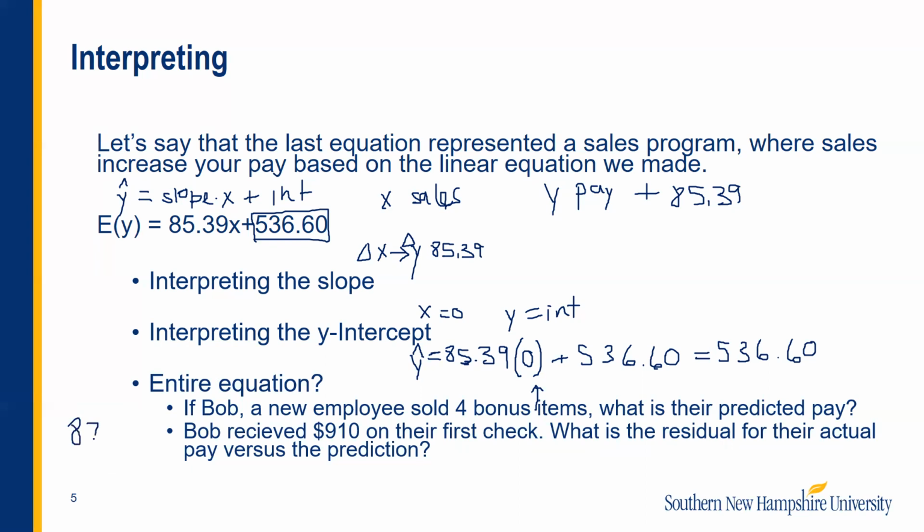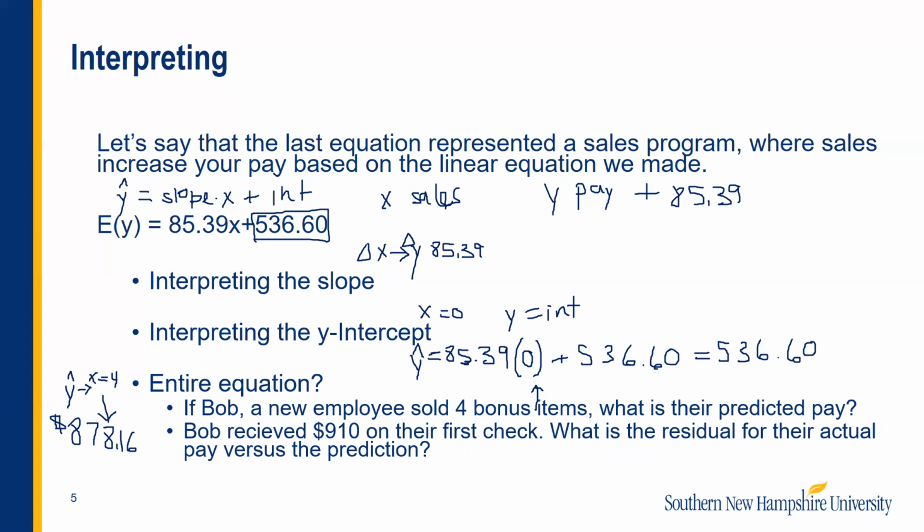So 878.16 was the prediction. That's what we think the average pay is for someone who does 4. The average for someone when x equals 4 is 878.16. But also, it might be different than that.